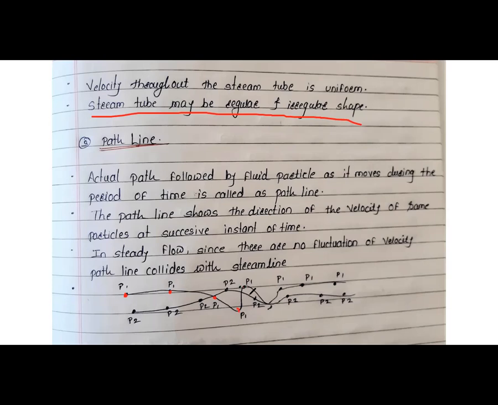We follow the path of the fluid as it flows and draw the line connecting these points. So it is known as a path line.